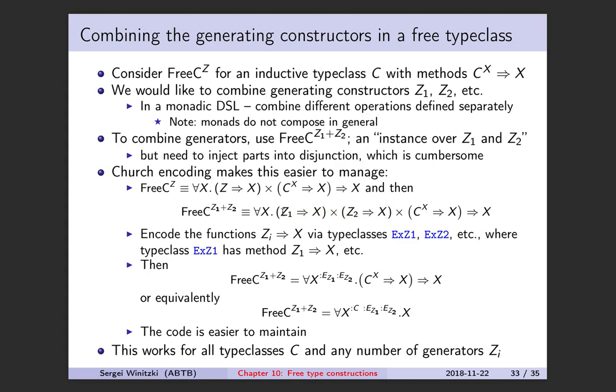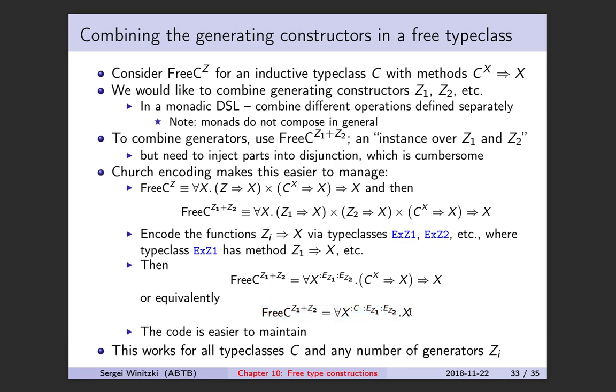Now you can do the trick of type classes, so you can encode each of these as an extractor type class. And then the church encoding would look like this. And you can even simplify it further by saying that even this is a type class constraint on X, which means that X must be of type C. And so the church encoding would look like this.